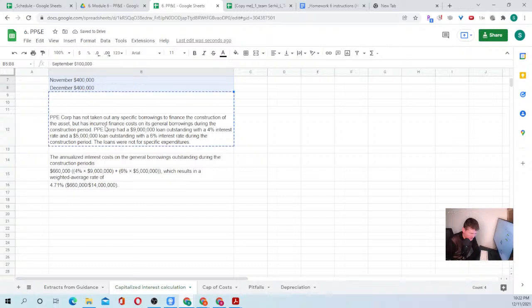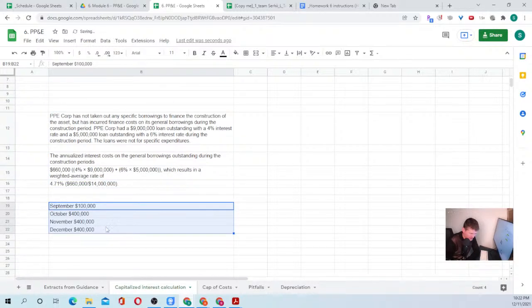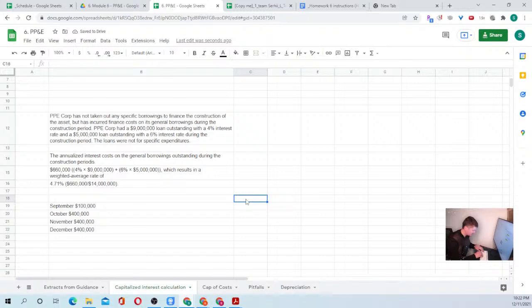So what do we have here? We have these cash flows. Monthly flow, accumulated flow, 100,000, 400,000, and again 400, and again.